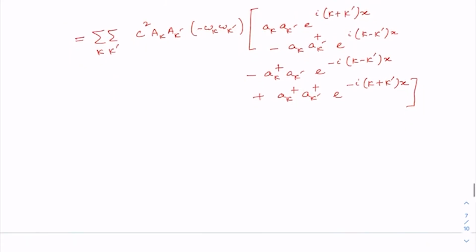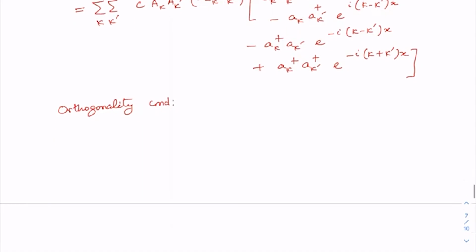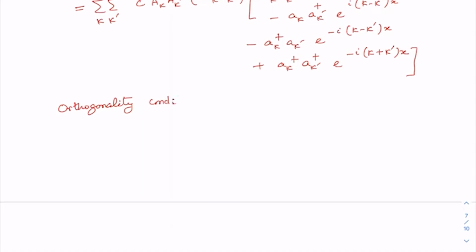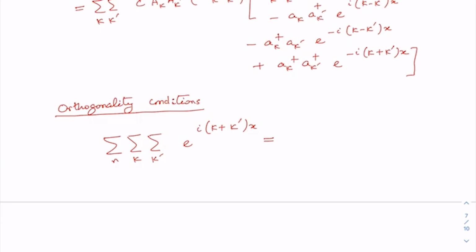Alright, now let us use the orthogonality condition. I talked about it in the class. The conditions I have here are, say, sum over n of e to the power i(k plus k dash)x equal to N by a delta k plus k dash.